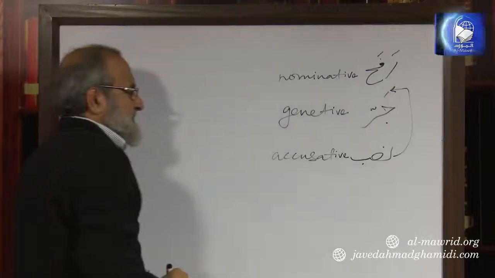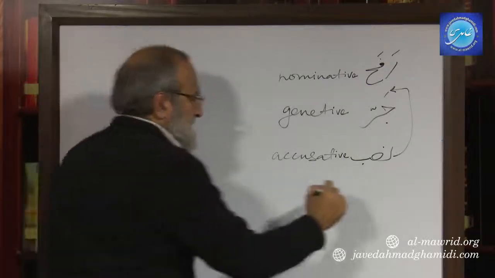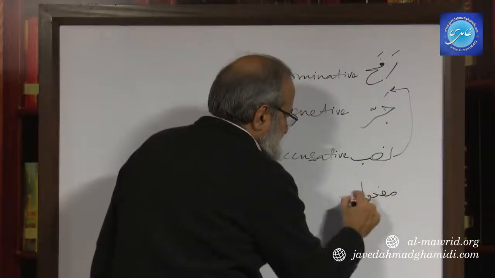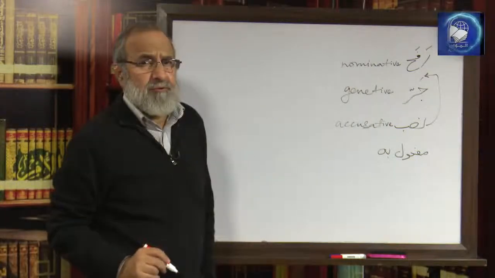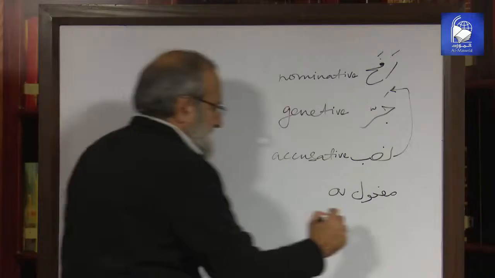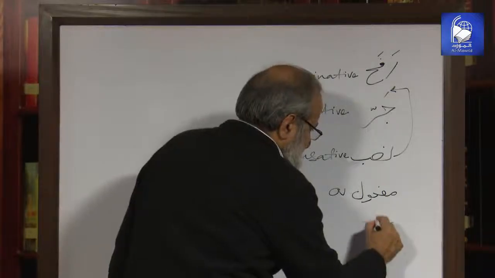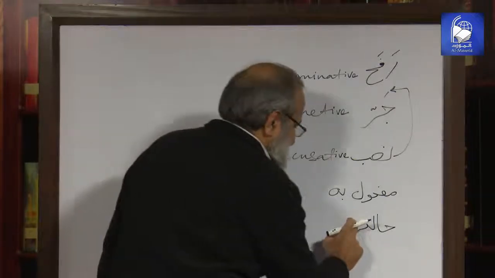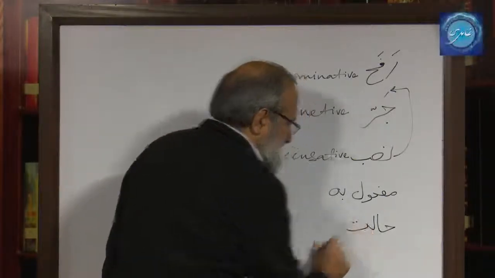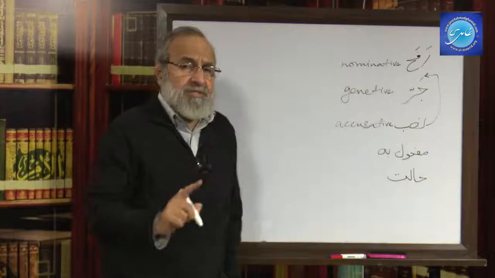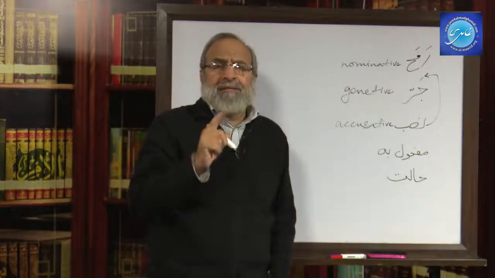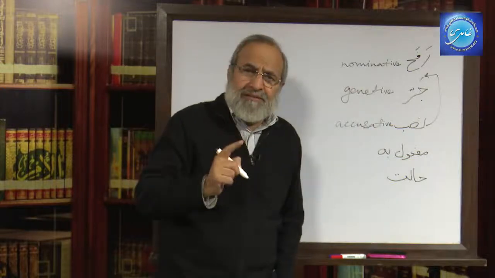In the case of nasab, we have already talked about the fact that maf'ul bihi is one reason why a noun would be in the form of nasab. We talked about the fact that halat is another reason, even though we discussed that there are other ways of also expressing the understanding of halat in Arabic.